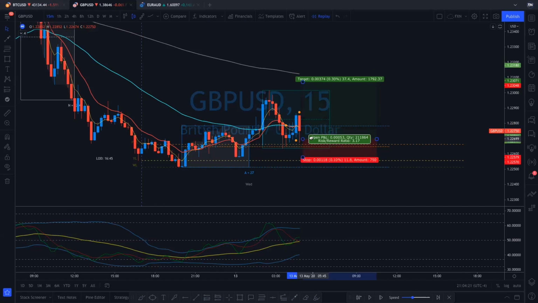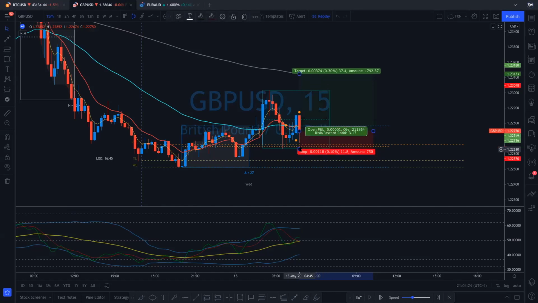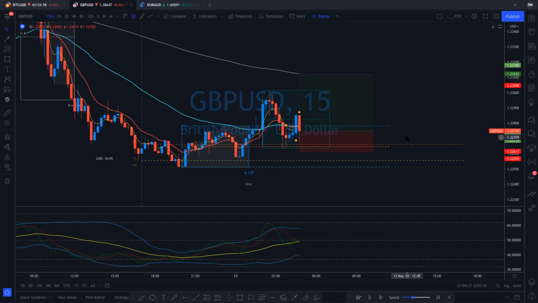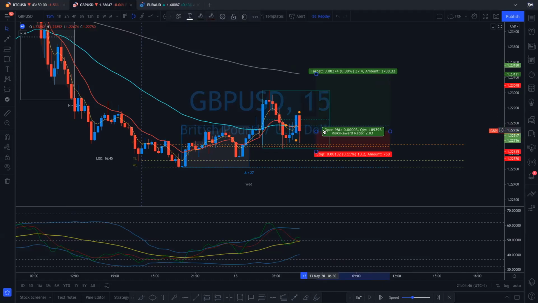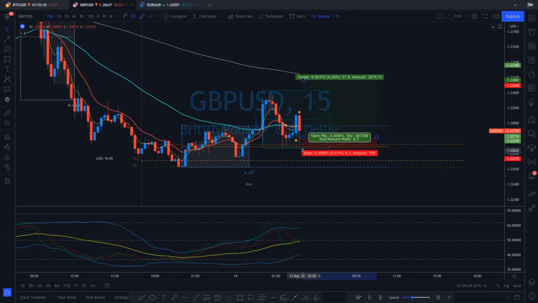So if you take it here and you go below this low, this is like what, 13 pip stop loss, 37 pips to the 200, over a 2 to 1 risk reward ratio. That's a good trade. If you get anything lower than that, that's even better.